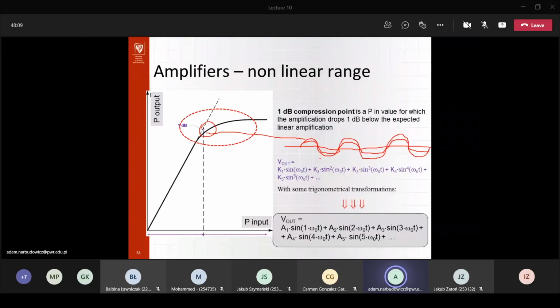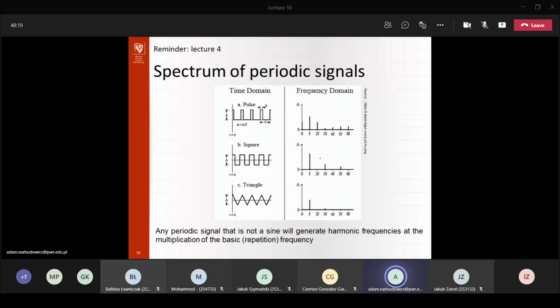And hopefully, as you might remember from the lecture a few weeks back, any periodic function can be described as a superposition of harmonics, right? So if you've got a pure sine function, it will be just a single peak, plus possibly DC if it's moved up or down.